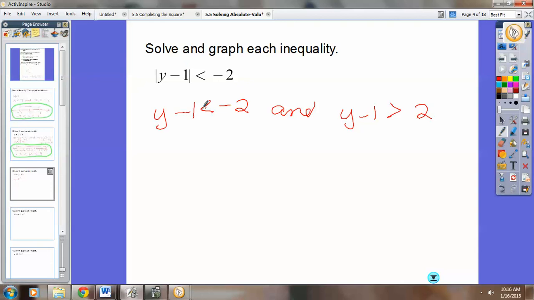So let's go ahead and solve. We'll add 1 to both sides on the left side. Y is less than negative 1. On the right side, we also should add 1. Y is greater than 3.